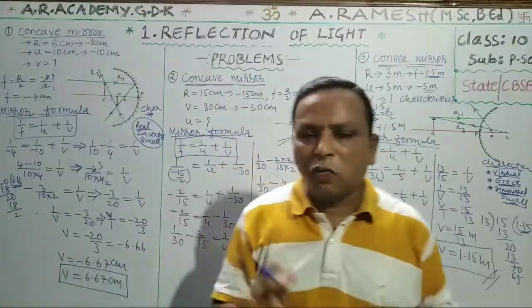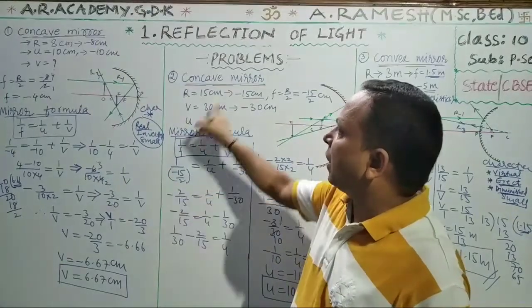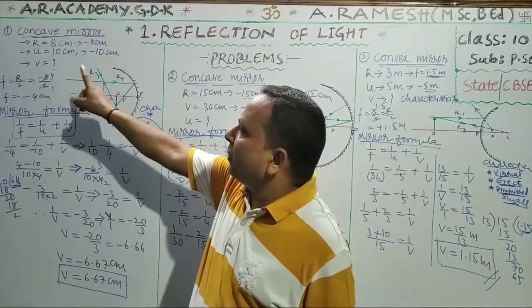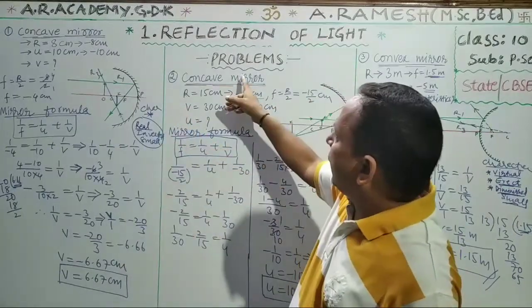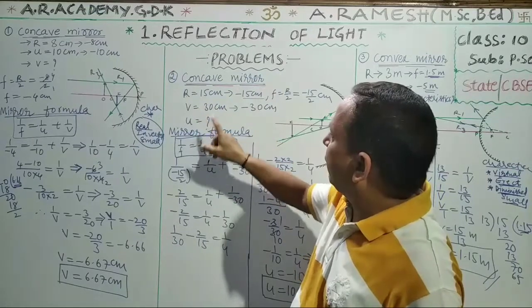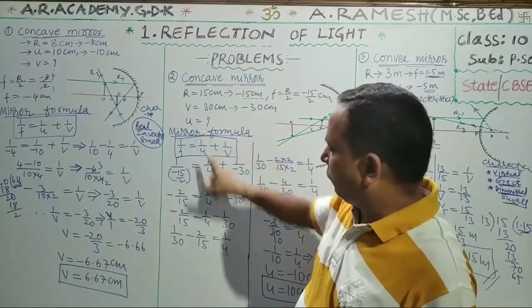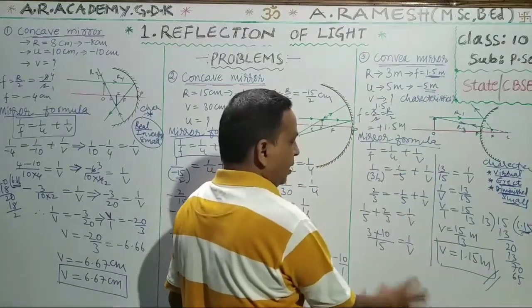So today what did we calculate? One concave mirror problem: R and U given, V asked to find, we calculated it, and the characteristics. And another concave mirror problem: R given, V given, from that we calculated F, and finally asked to find U, we calculated by using the mirror formula.